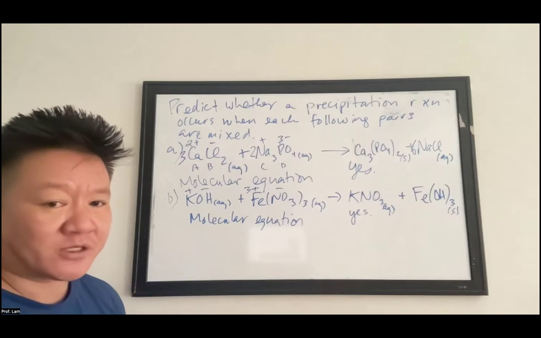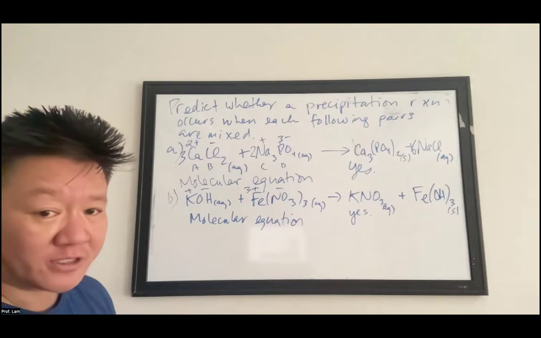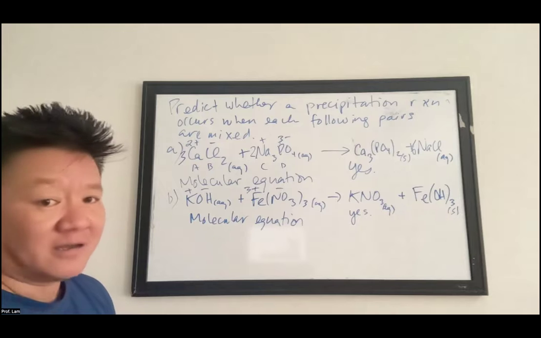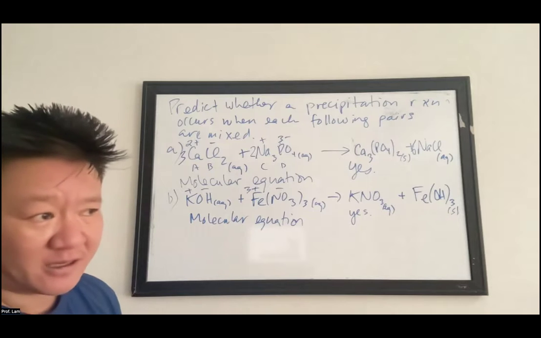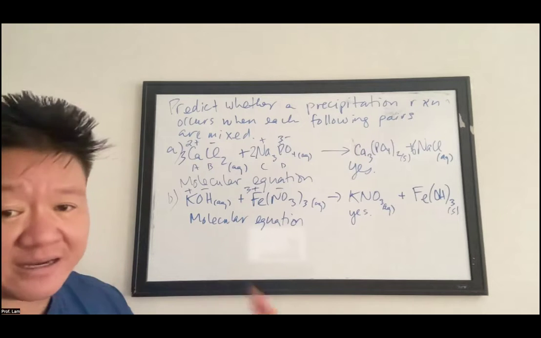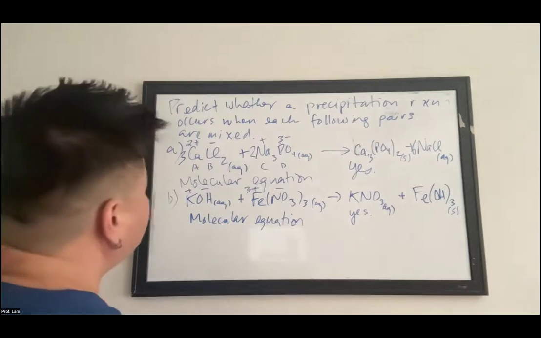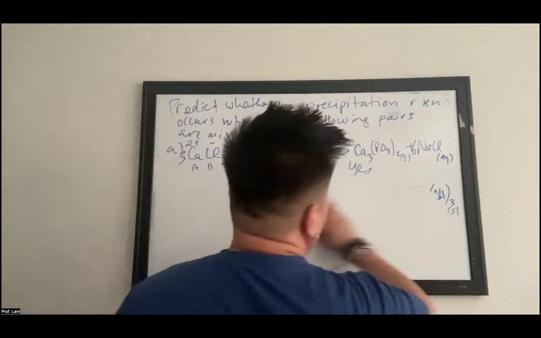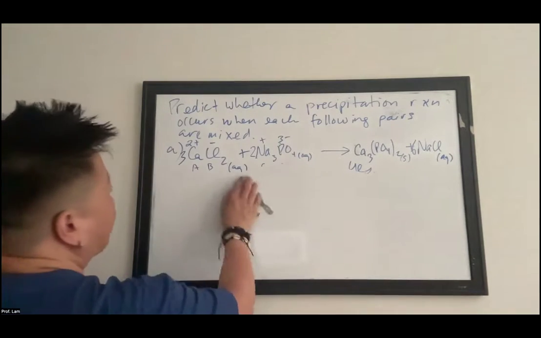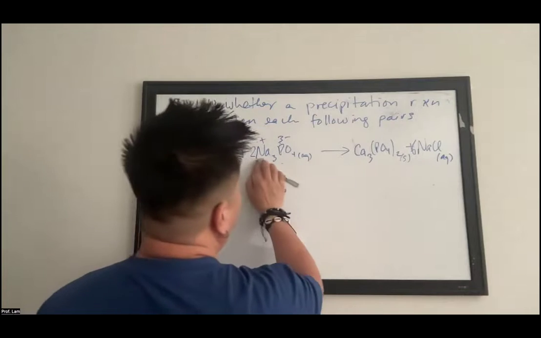And so that's why we start to write complete ionic equations, and then we write net ionic equations. Okay, so let me show you how to do that. I'm going to show you with this example that we've already done.